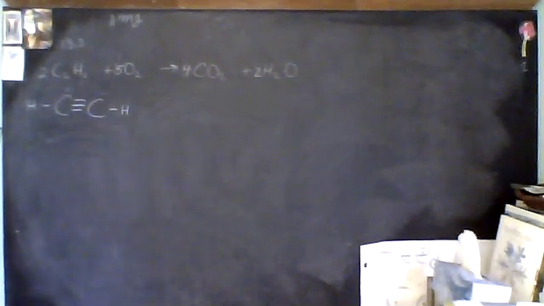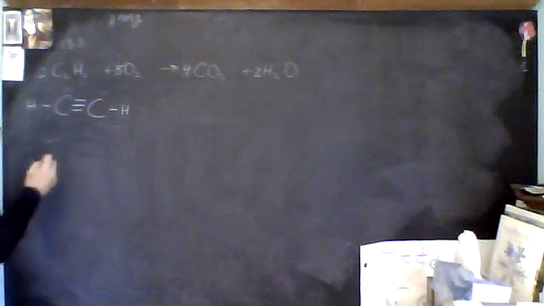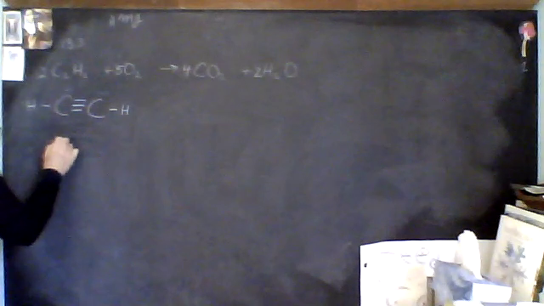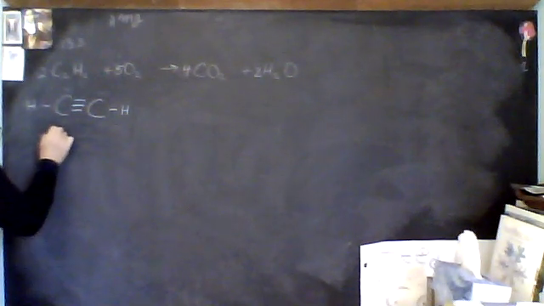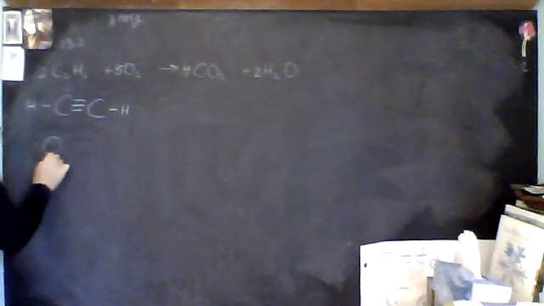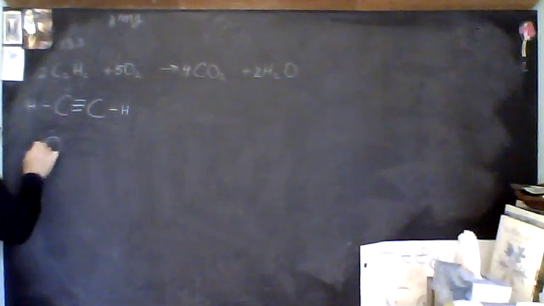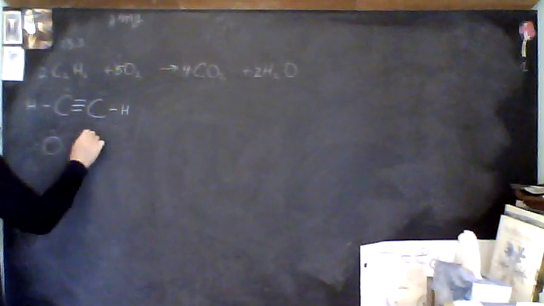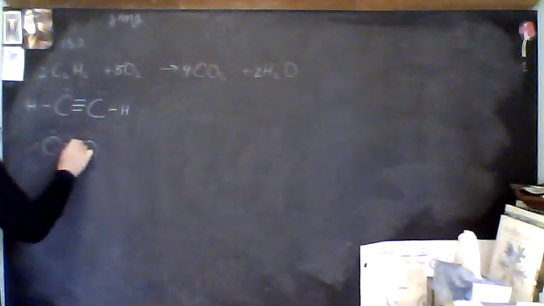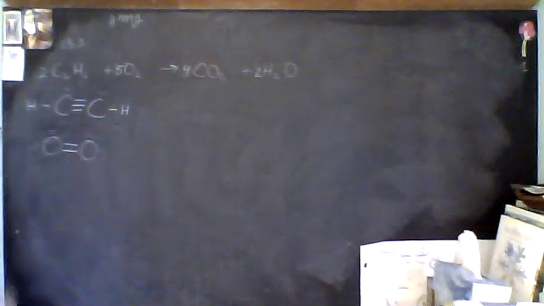What's the oxygen going to look like? Oxygen has how many electrons? 6. So it's going to double up there, right? So it's going to have a double bond there.